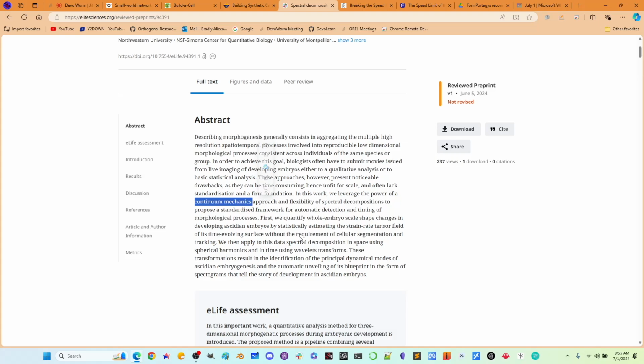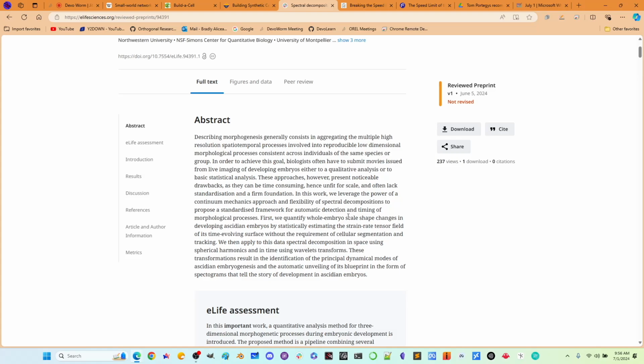You can derive calculus, and you can derive other types of continuous mathematics to analyze these. So in this case, they're looking at spectral decompositions and how to take that time series or those dynamics and describe it as like a power spectrum or something, and then decompose the information there to say something about morphogenesis.